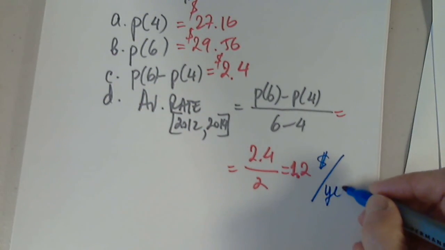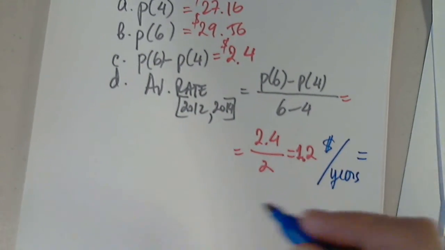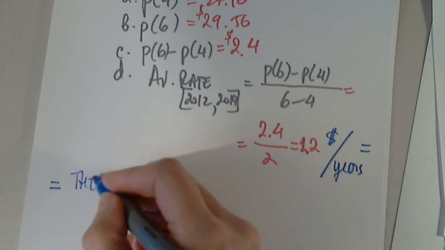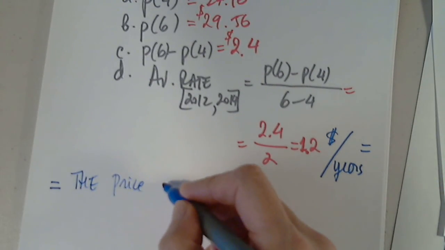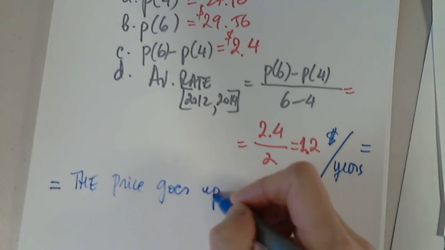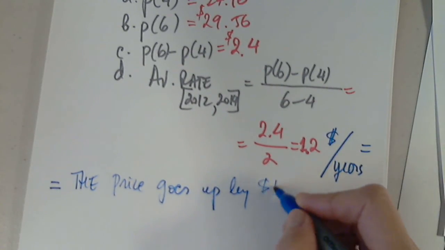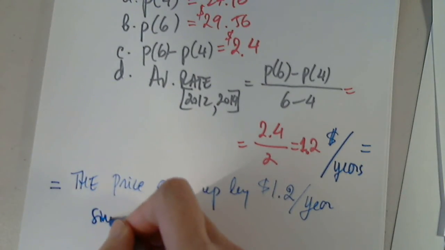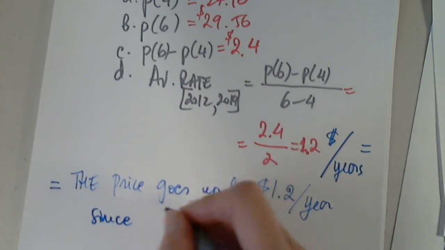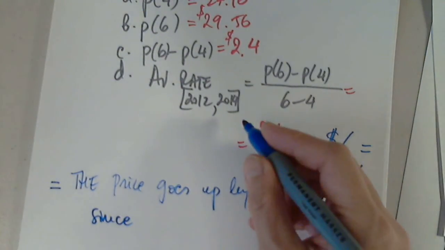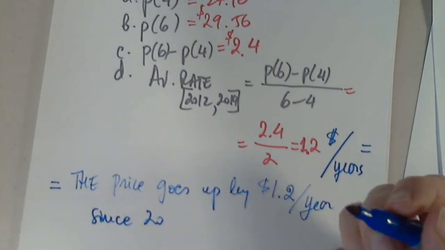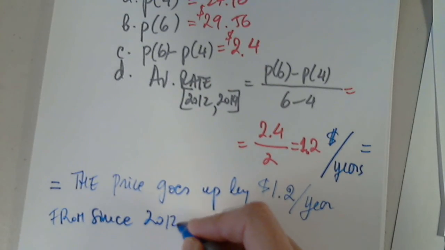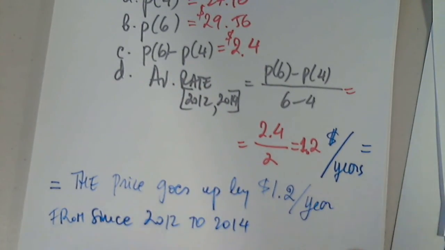Years. Good. So now let's write the meaning. The price goes up by $1.2 per year from, I would say better, I will erase this, from 2012 to 2014.